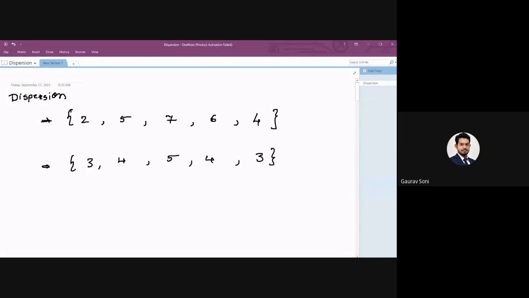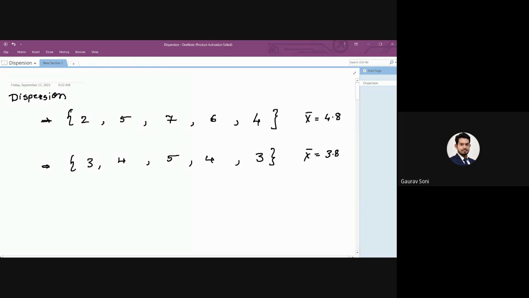Okay. What will be the average mean for this? I'll call this x bar. What is x bar here? 4.8. And what is x bar here? 3.8.